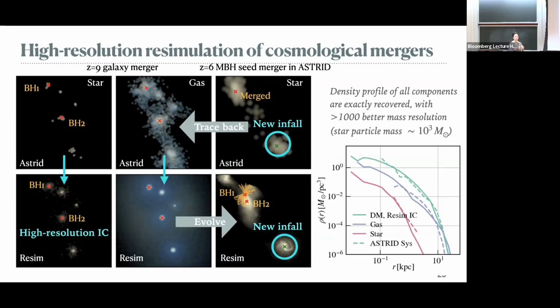Basically we can zoom into the systems and then increase the resolution as much as possible, while also tracing the large scale environment. But this is more of a controlled experiment because, as you'll see later, we also want to vary the inner density profile of these things to understand the merger timescale. But with zoom simulations, it's hard to do that.